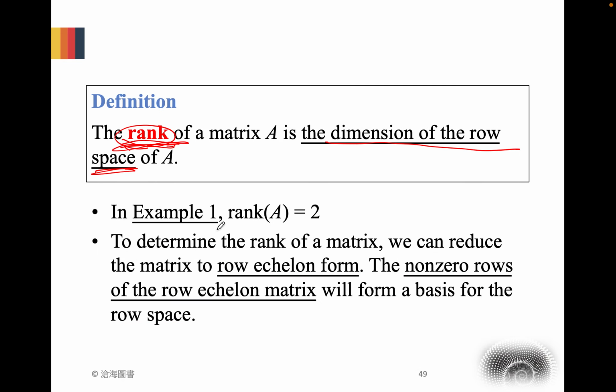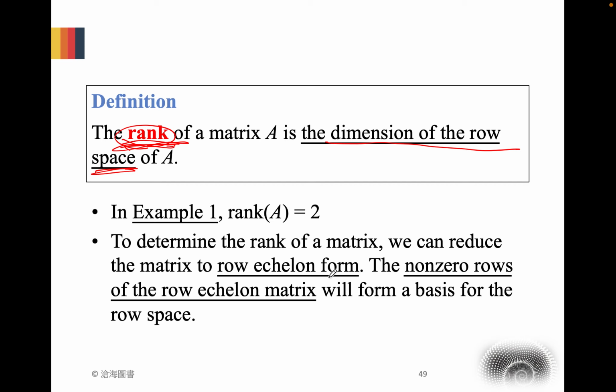Okay. And to determine the rank of a matrix, we can reduce the matrix to row echelon form. Then the non-zero rows of the row echelon form will form a basis for the row space. So if you understand this well, it should be easy, right? Because we can use a series of row operations to reduce a matrix into row echelon form.